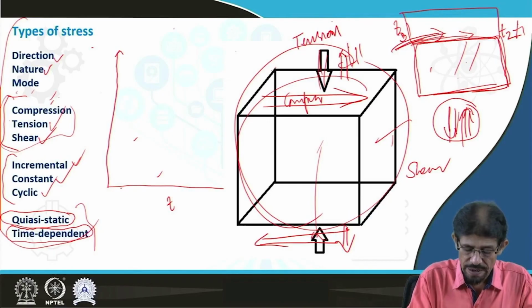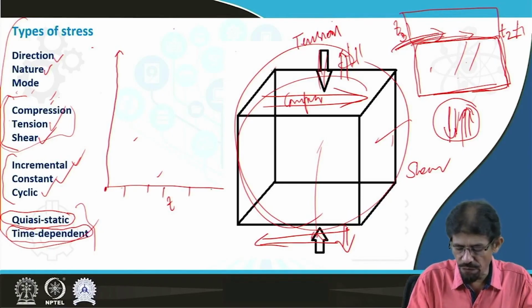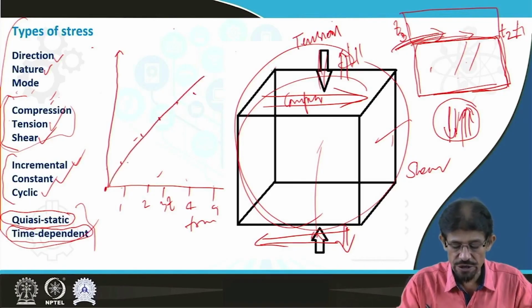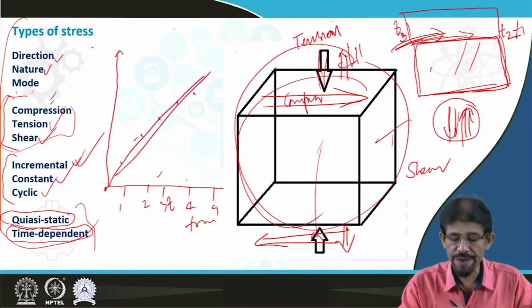Suppose at time 0, no problem, then 1, 2, 3, 4, 5 is the time. There is a continuous increment in stress. This type of stress condition is increment.